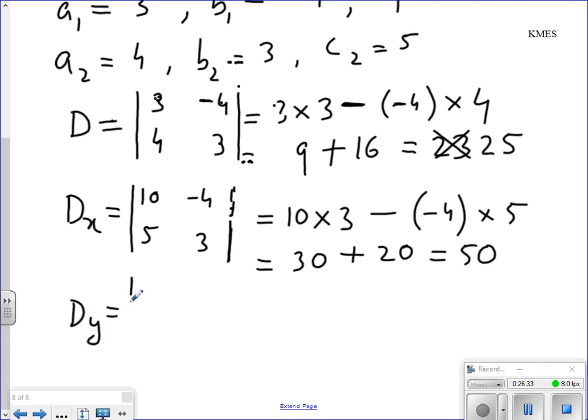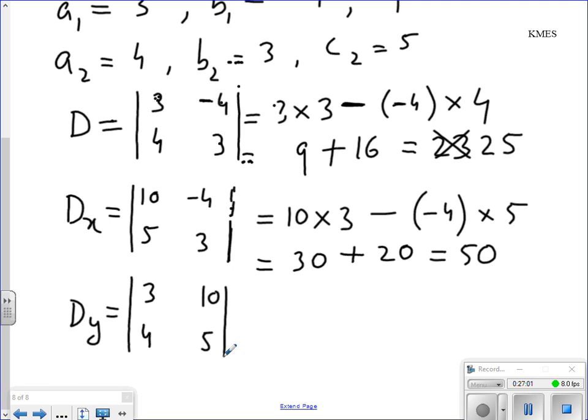To find dy, the determinant will be, here the coefficients of y will change to C1 and C2, whereas the coefficients of x will remain as they are. So the coefficients of x, A1, A2, 3 and 4 will come back again here. And minus 4, 3, which are the coefficients of y, will change to 10 and 5, that is C1 and C2.